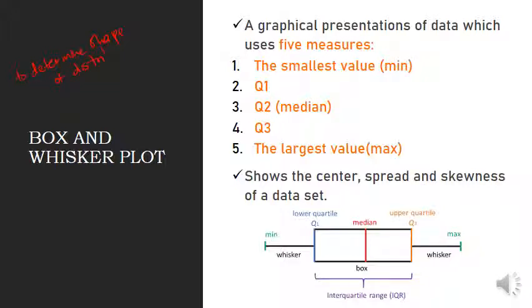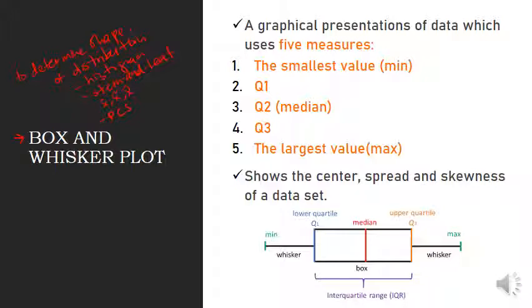So other than histogram, stem and leaf plots, relationship between mean, median, and mode, PCS, Pearson coefficient of skewness, this will be the last one lah, which is box and whisker plot.